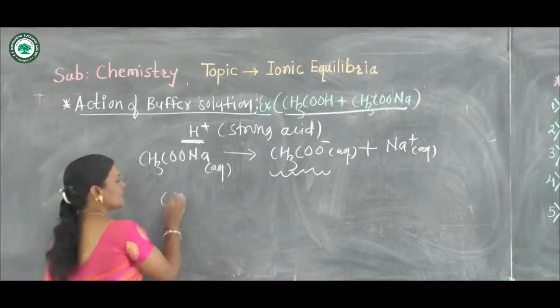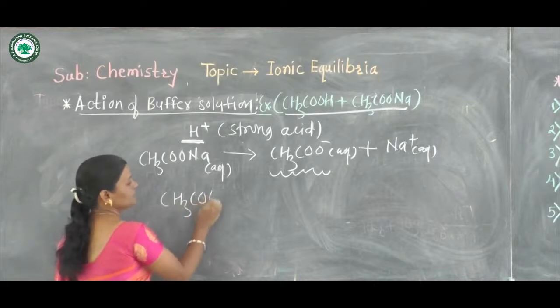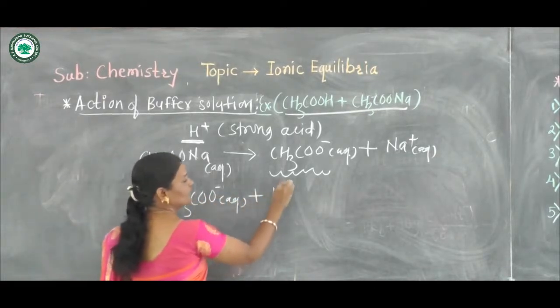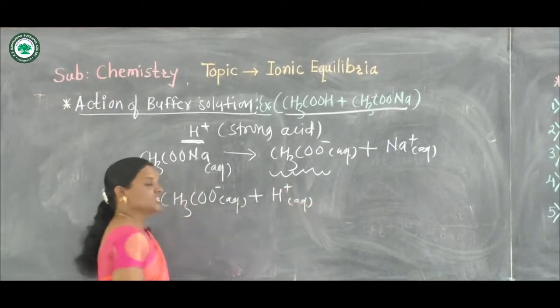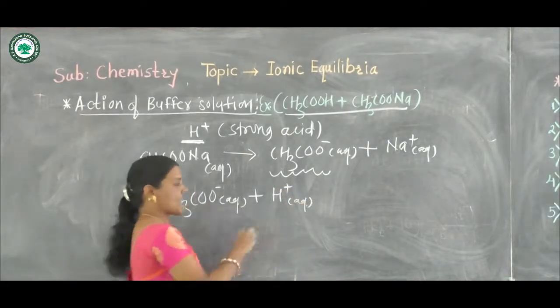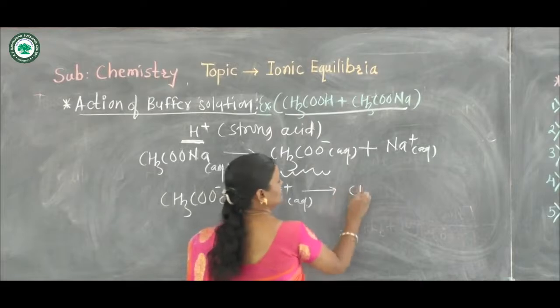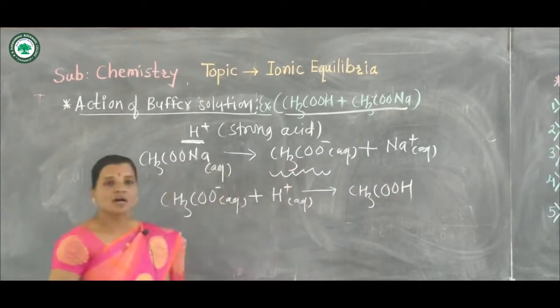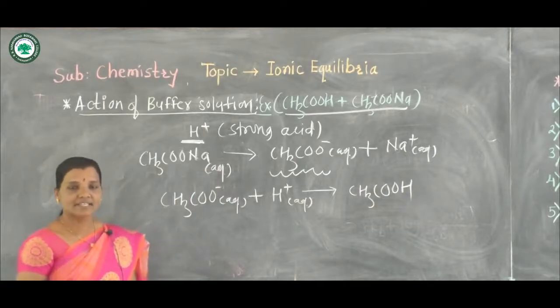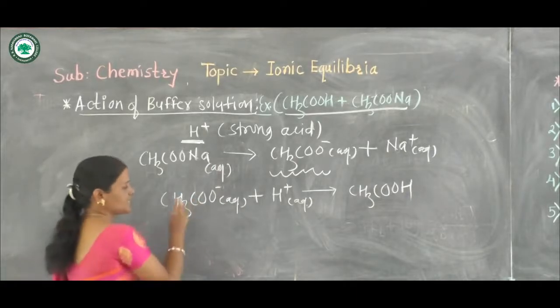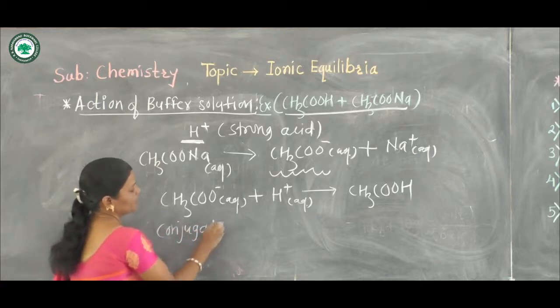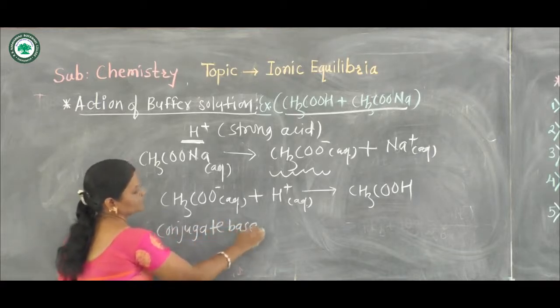How? That we'll see here. Acetate ion consumes H plus ions of strong acid to form unionized acetic acid. This acetate ion acts as conjugate base.